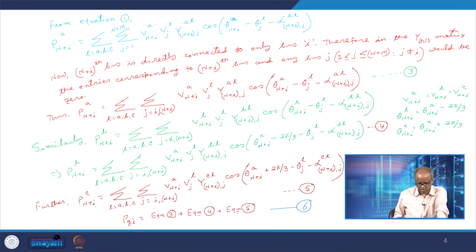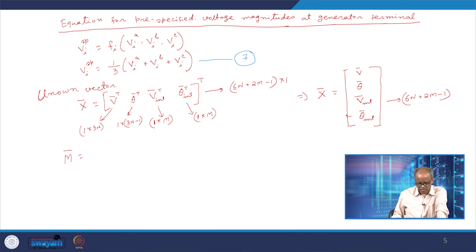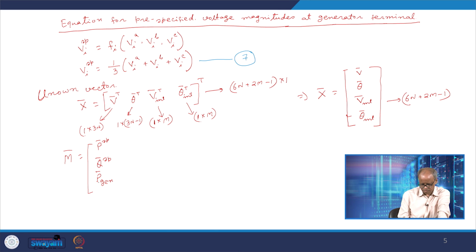So the M vector we can say is P specified, Q specified, P specified, Q specified, then P gen, then V specified, and then V specified.